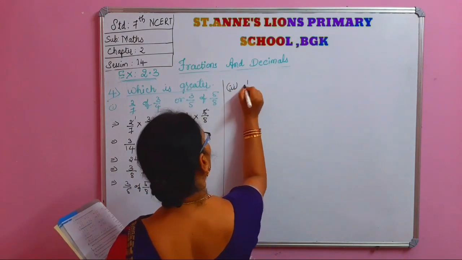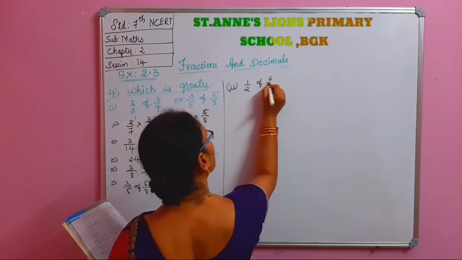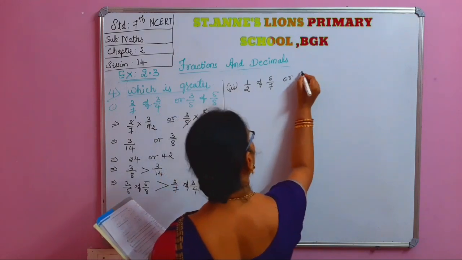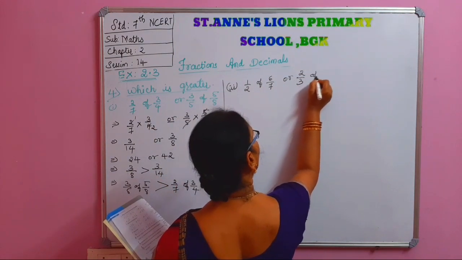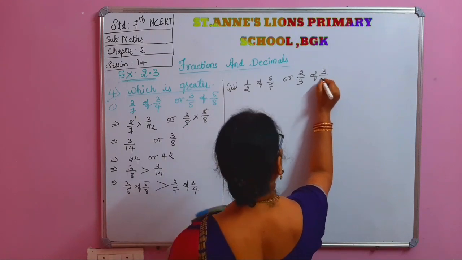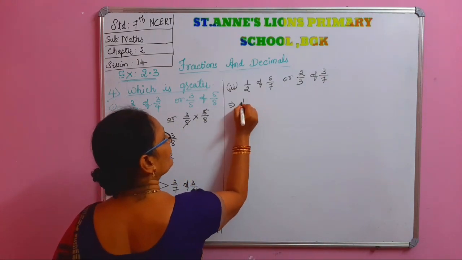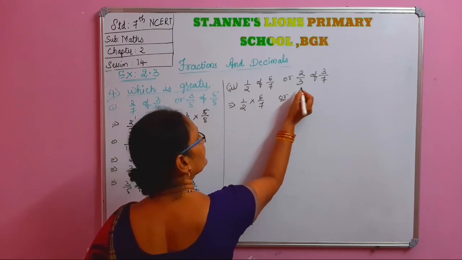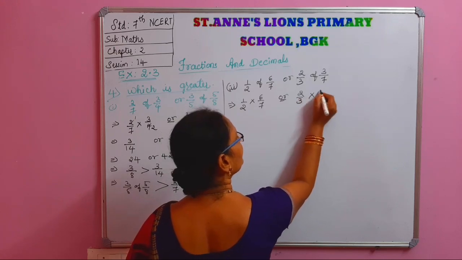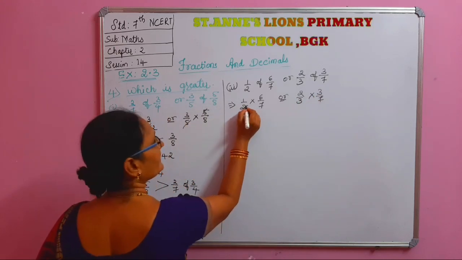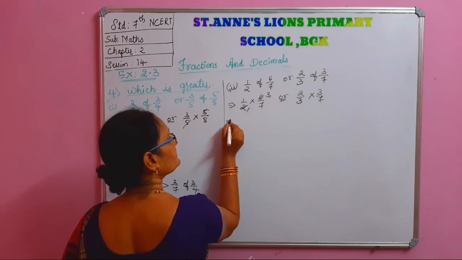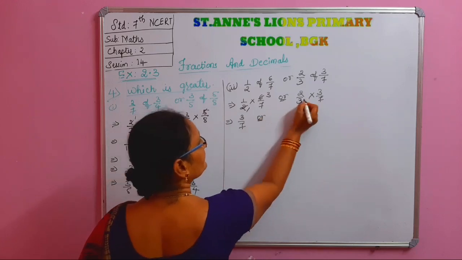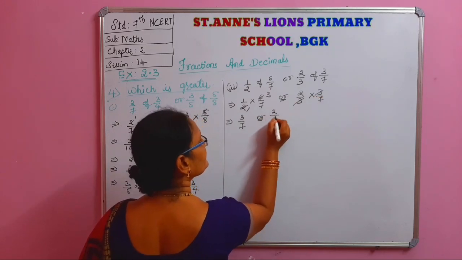Second one. 1 by 2 of 6 by 7 or 2 by 3 of 3 by 7. See here, 1 by 2 of means into 6 by 7, or 2 by 3 of means into 3 by 7. See here, 2 ones are 2, 2 threes are 6. So this is 3 ones are 3 by 7, or 3 got cancelled, 2 by 7.